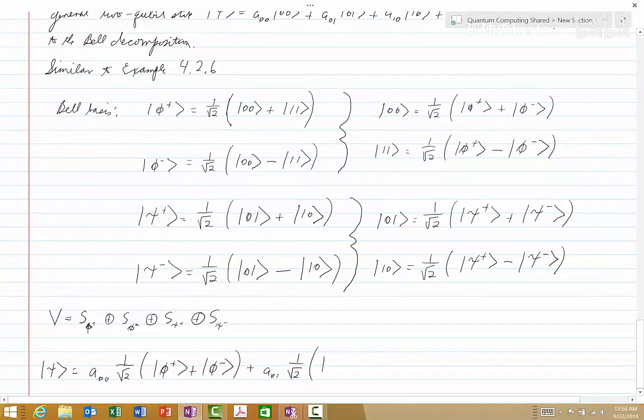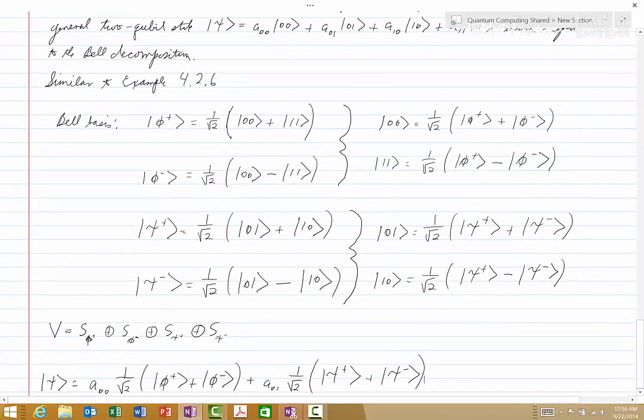So we have C plus C minus. And then next we will have A10 times what we found for 1, 0, which is down here, 1 over square root of 2 times C plus minus C minus.